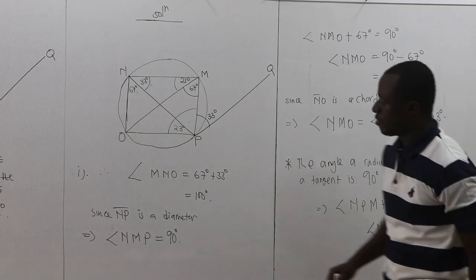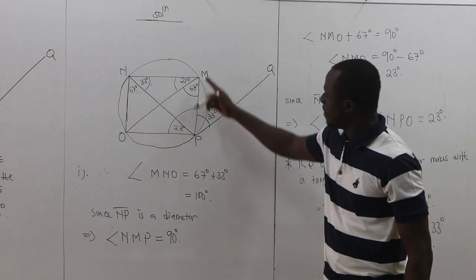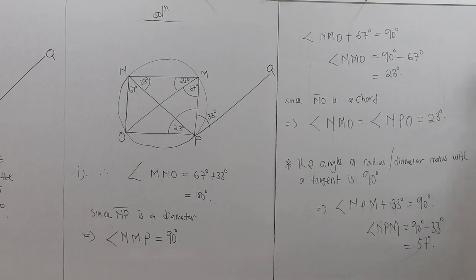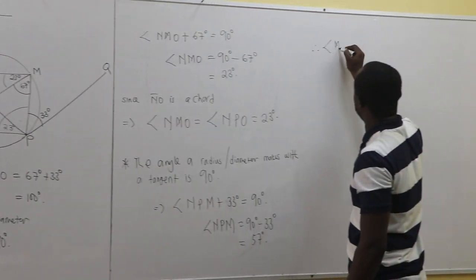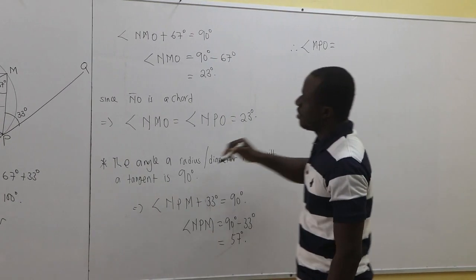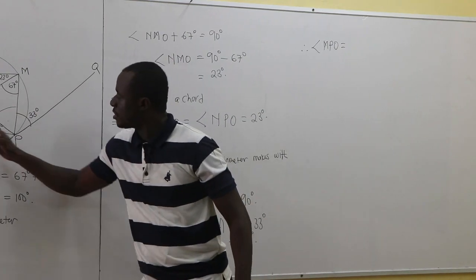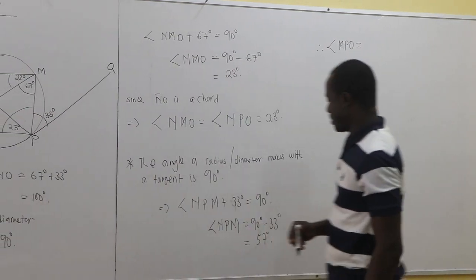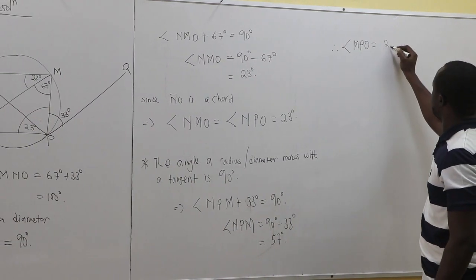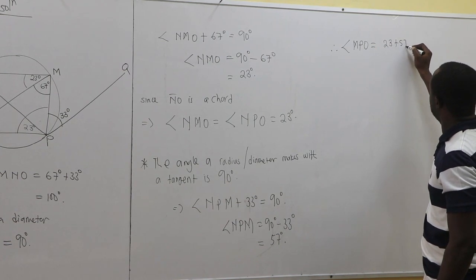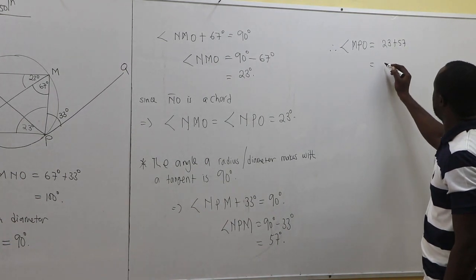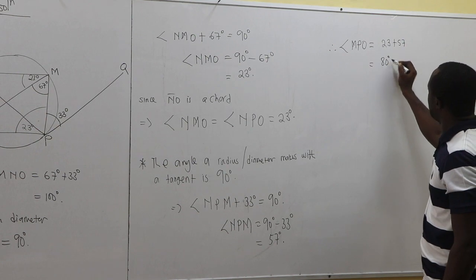What are we looking for? We should look for MPO. Therefore, angle MPO is 23 plus 57, and this is just 80 degrees.